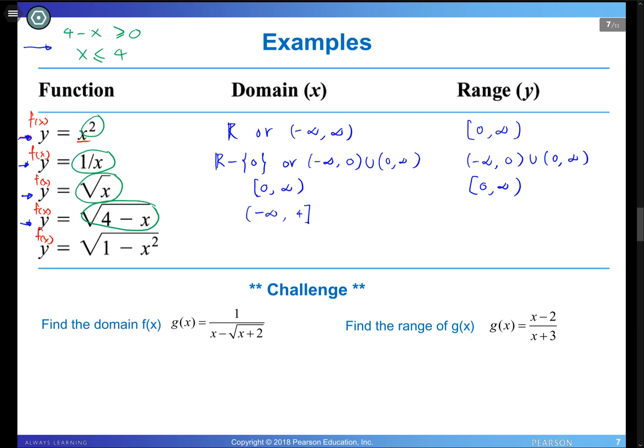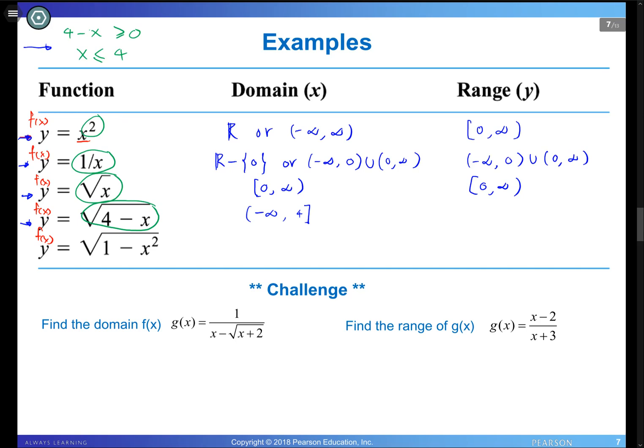Let's take a look here. We have the square root as the main function. Can y be really big? When you look at this, if x is a really, really large negative number, then y is going to be really large. If x is like minus a million, then you have 1,000,004, so it's still big.